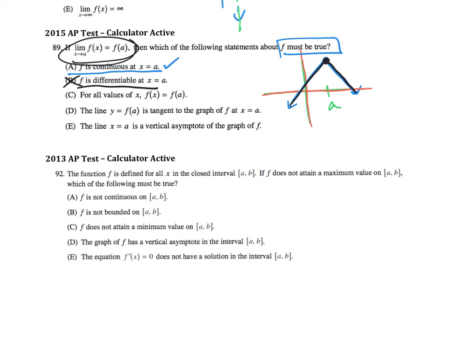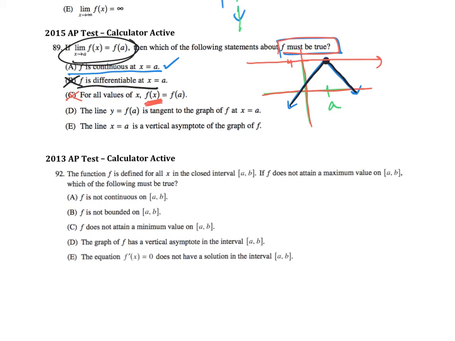So I do not like B. For all values, f of x has to be equal to f of a. Well, in this case, let's say I want to make my f of a, I don't know, 4. Does the function have to always be equal to 4? No, I disagree. That would only be the case if we had a horizontal line. Nope, it does not have to be true.